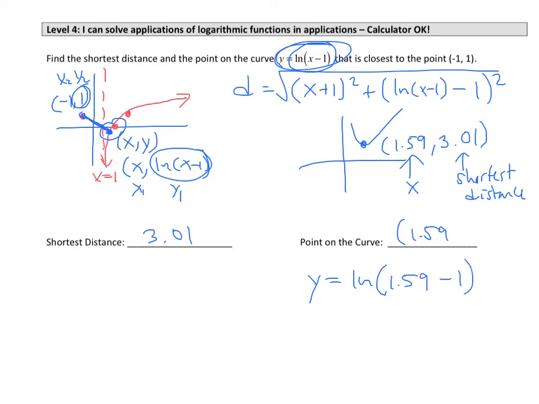Plug that in your calculator, and you get approximately -0.53. So the point would be (1.59, -0.53). And that's the point on the graph that's closest to the point (-1, 1).